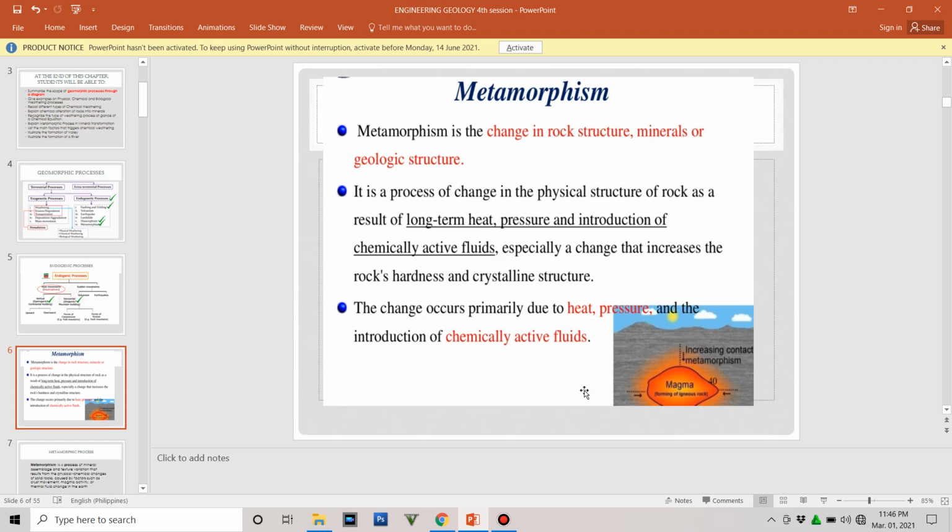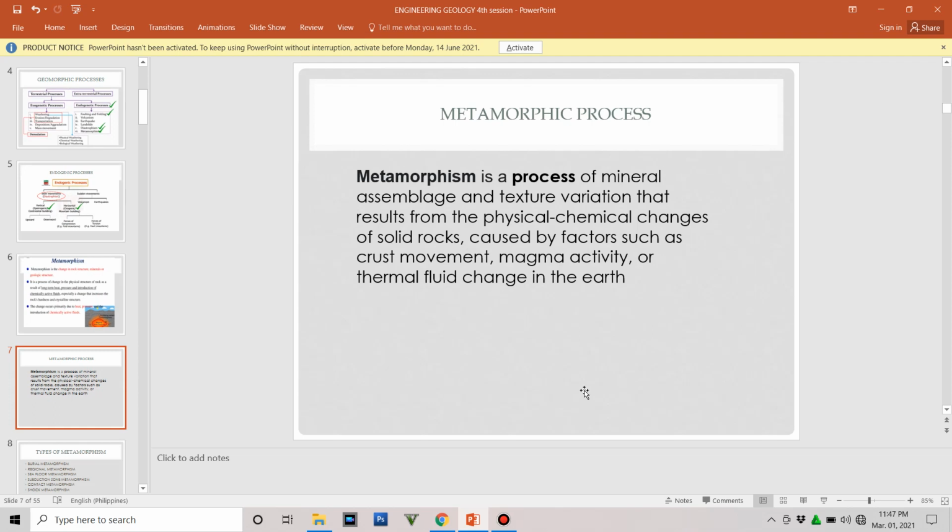So the term here is the heat and pressure, or the temperature and pressure, will tend to have a reaction on the material, especially rock formation. So as an additional definition of the process, we have this metamorphism.